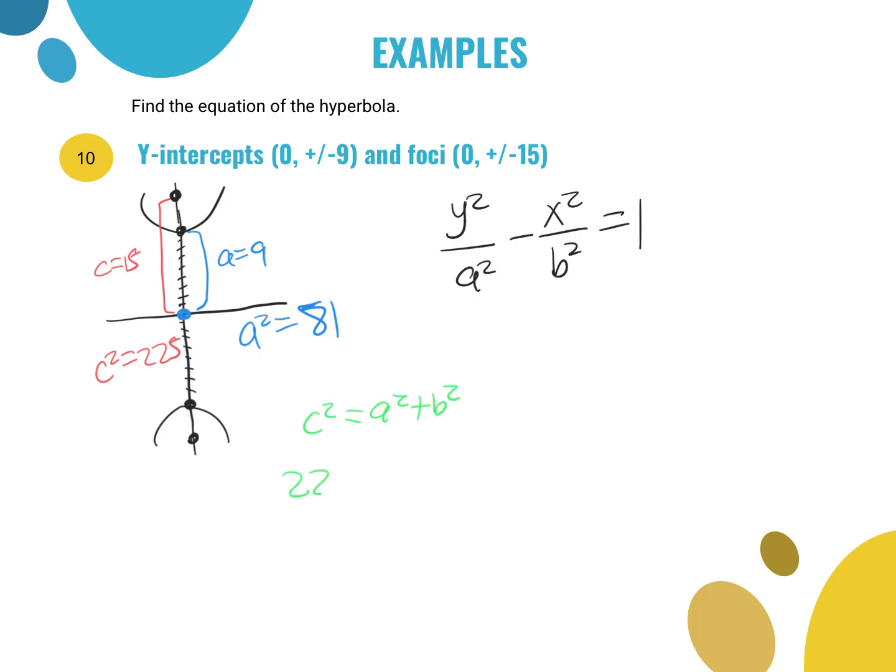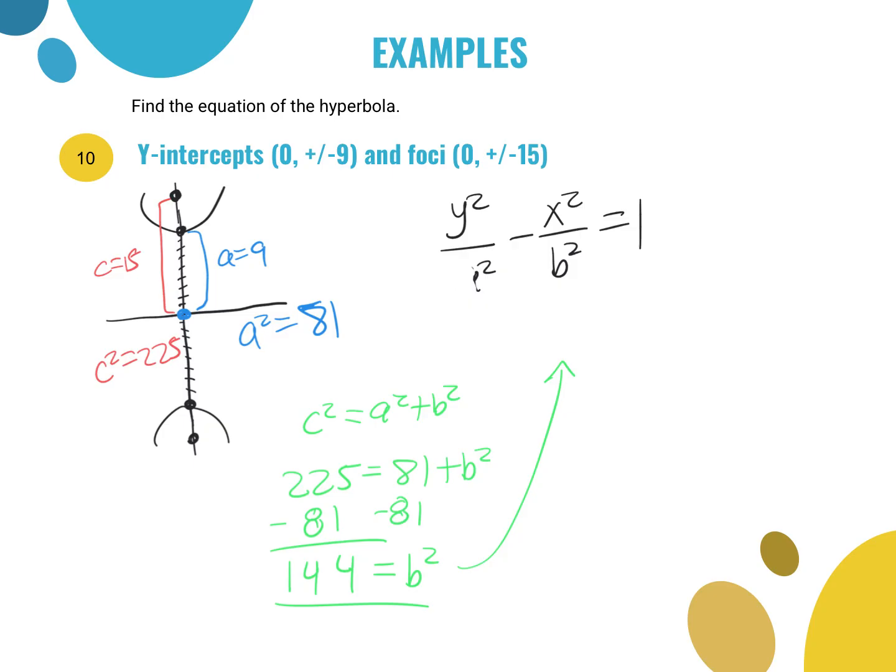And so we end up with 225 equals 81 plus b squared. And then we subtract 81 on both sides, and we end up with 144. We don't really need to know what b is. All I need to know is that b squared is 144, and then I can plug that information in.